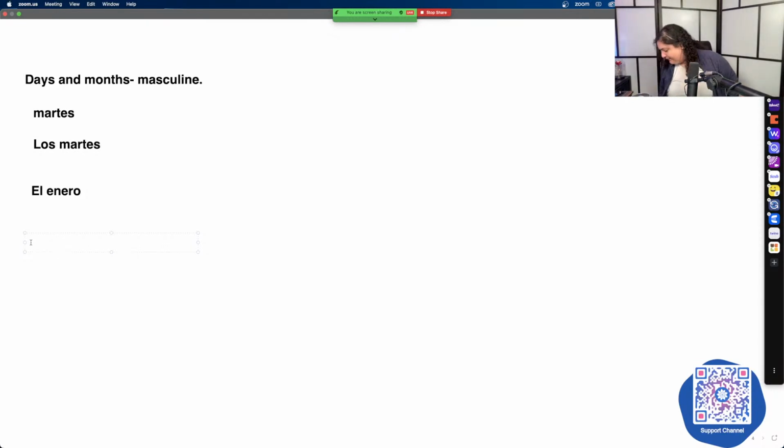So this is why I wanted to bring this up. When you're saying like the 1st of the month, the 2nd of the month, or January 15th, the numbers are masculine. So today's the 10th.